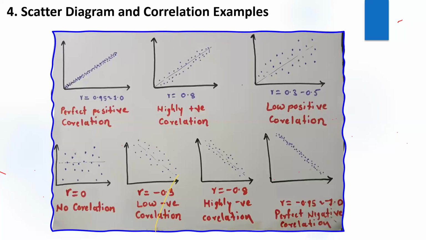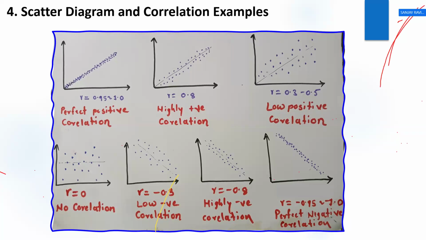Again, the control chart is a separate 4 hours topic. But when we conduct training on 7 QC tools, that depth of control chart is not expected. At least you should be aware of the 7 QC tools and how to use them, particularly the control chart. There is a separate 4 hours training for that. But here, at least you need to identify how to use the check sheet, how to use the flow chart, what are the symbols, what is the scatter diagram, what is stratification, whether scatter diagram is used for variable data or attribute data, and how to find the correlation.